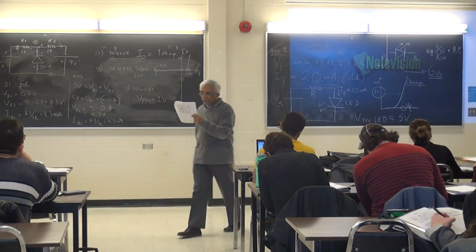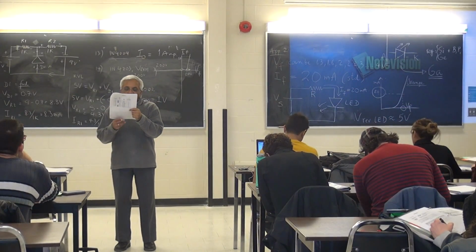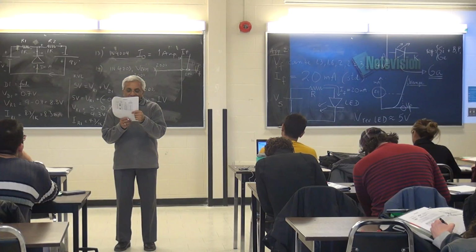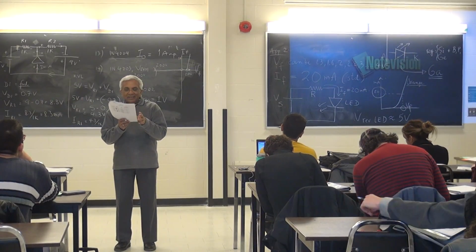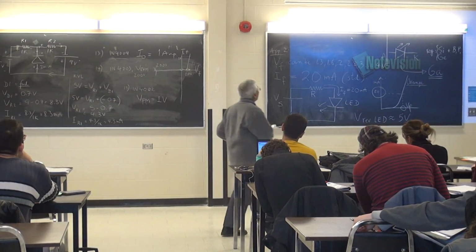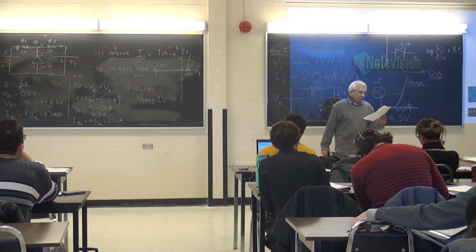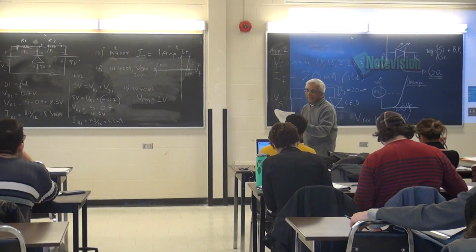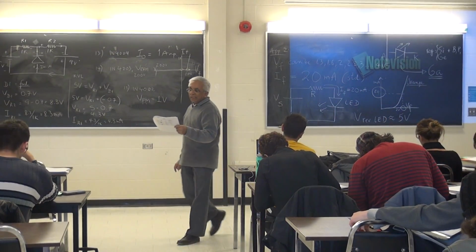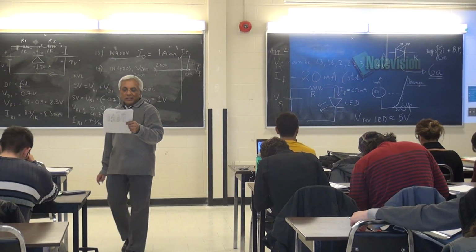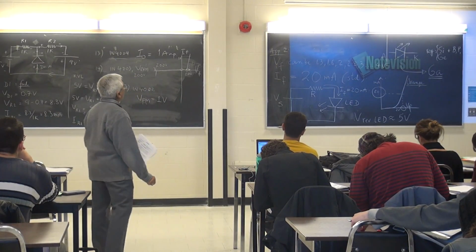So for an orange, if you go across and you come down, what do you get? About 2 volts. You follow? So that's 2 volts. So that's how you determine the forward voltage given a safe current of 20 milliamps.